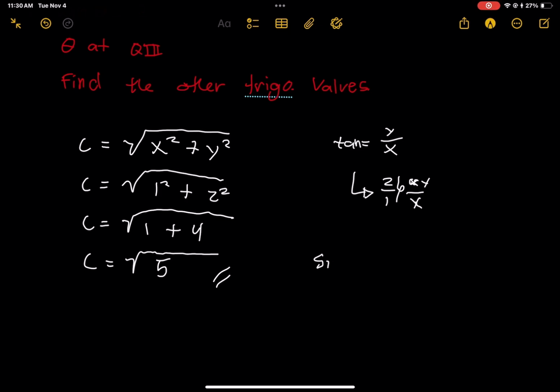By having the value of c, we can now find the sine and cosine. Sine is y over c and cosine is x over c. Now, from the tangent, our value of y is 2 over the value of c, which is the square root of 5.